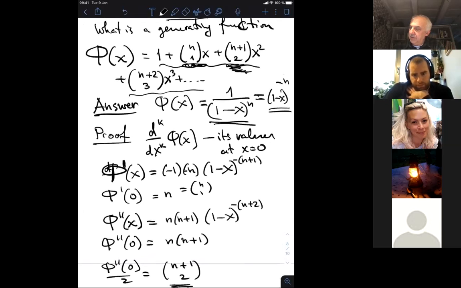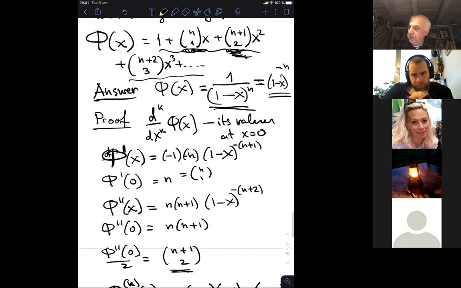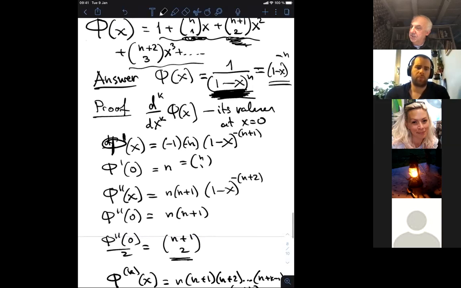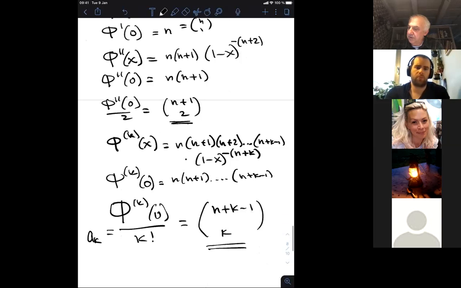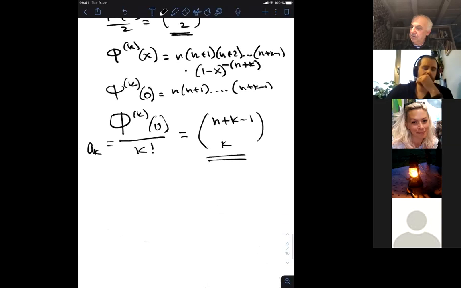So we have shown that if we have a series 1 plus n choose 1 x plus n plus 1 choose 2 x squared plus and so on, then this would be exactly 1 divided by 1 minus x power n, because applying the kth derivative to this conjectured answer, we get exactly the sequence of numbers we want to generate.